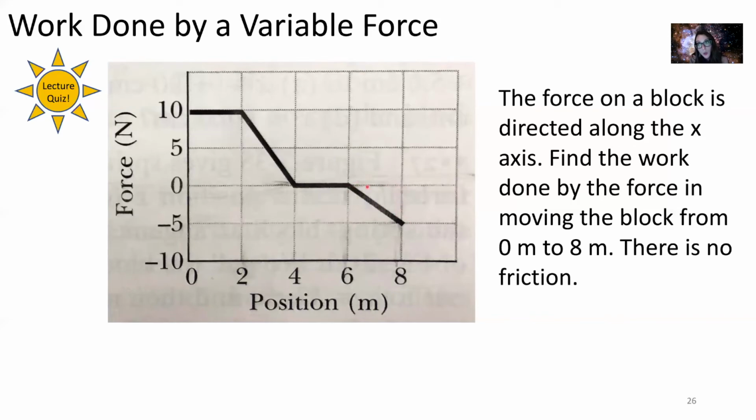And this work is going to be negative because this force is applied opposite the direction of motion. So the total work would then be the sum of this rectangle plus this triangle minus the work that you do in this little triangle here.